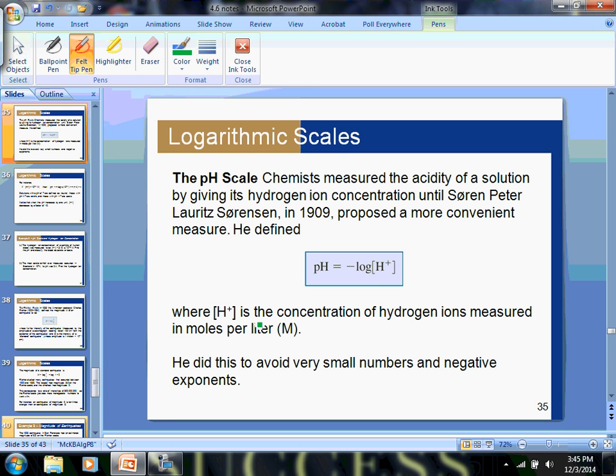So H plus is the concentration of hydrogen ions in moles per liter. And again, he did this so he could avoid very small numbers and negative exponents. He wanted stuff to be more user-friendly.